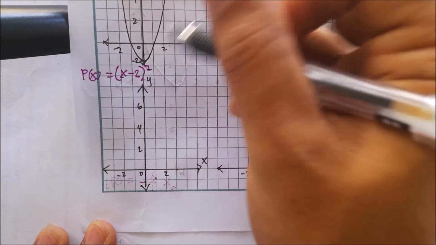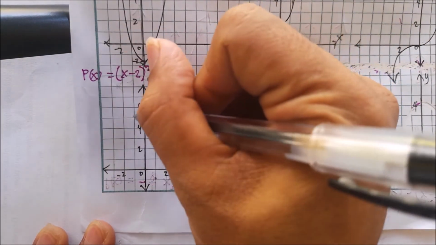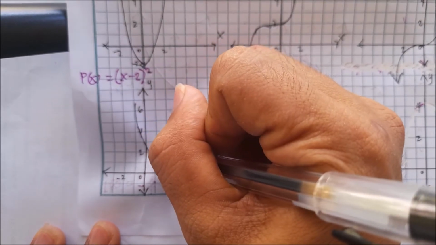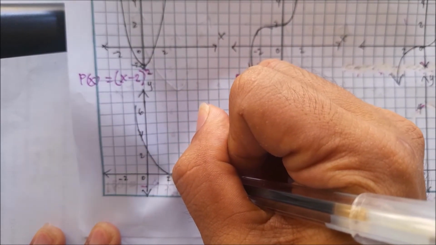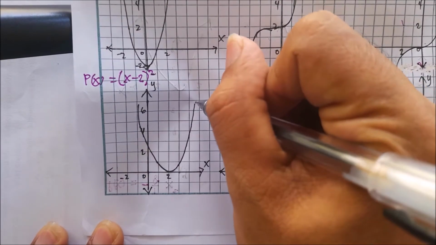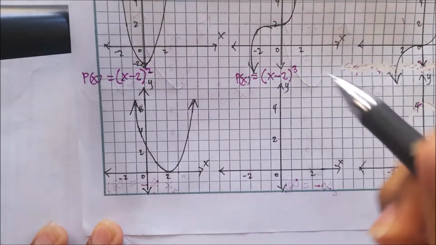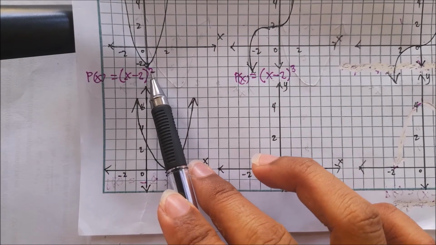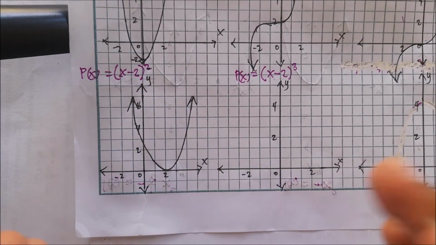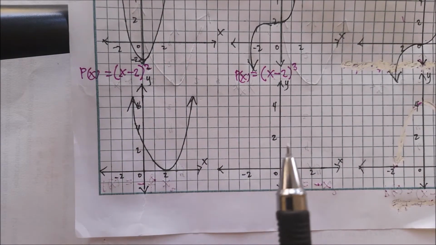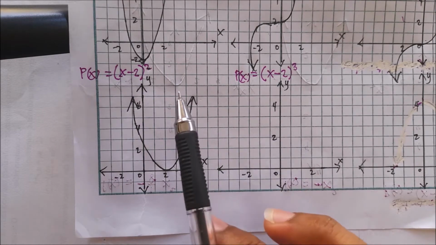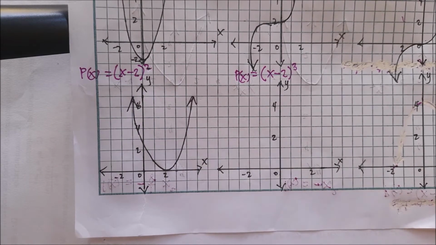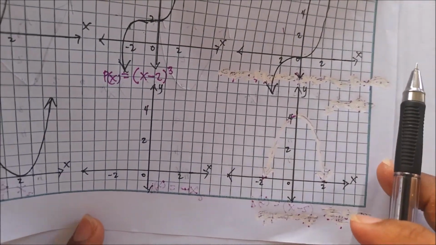So the graph is located on the right side, here on this side. Since it is upward, it is an even number, and it is located on the right because h is greater than 0.